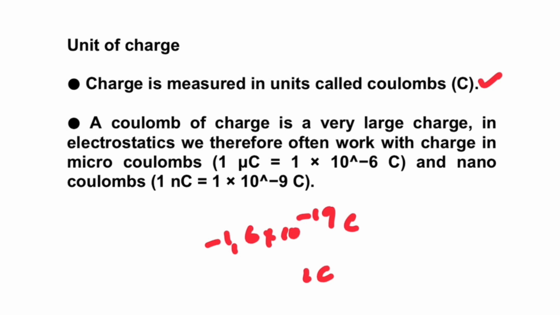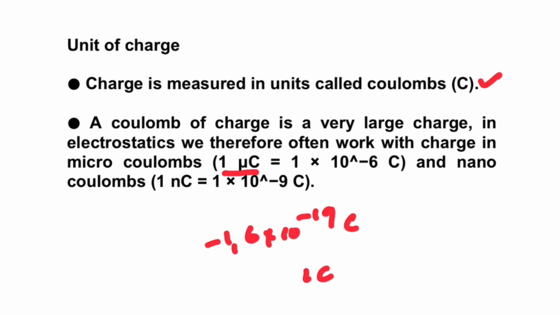So in electrostatics, as a consequence, we often work with charge in microcoulombs, right? This is the sign for 1 microcoulomb. You will need to remember this. Usually in the examination, charges are given in terms of microcoulombs or nanocoulombs.